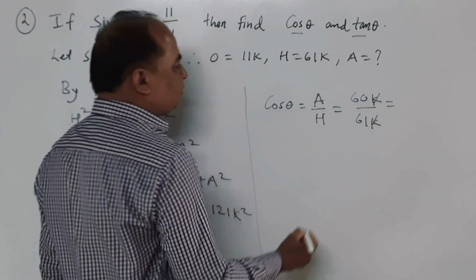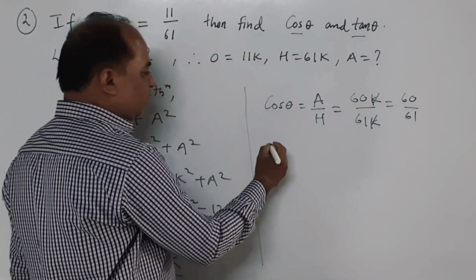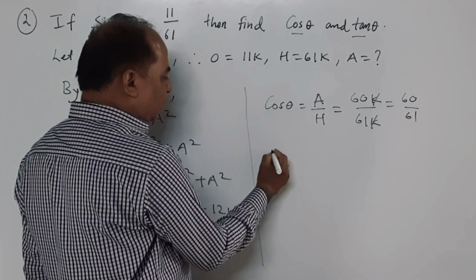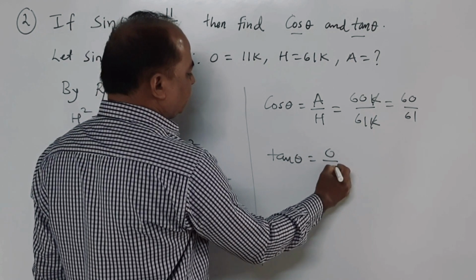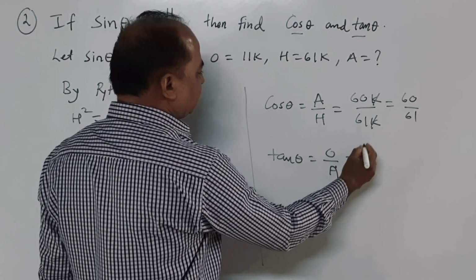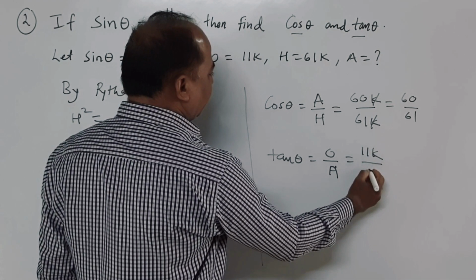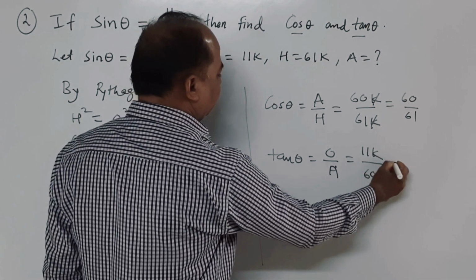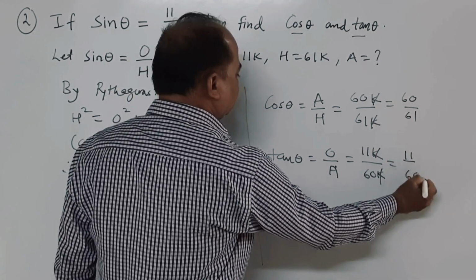K will get cancelled, so 60 upon 61. Now tan theta is equal to opposite side upon adjacent side, that is 11k upon 60k, which is equal to 11 upon 60.